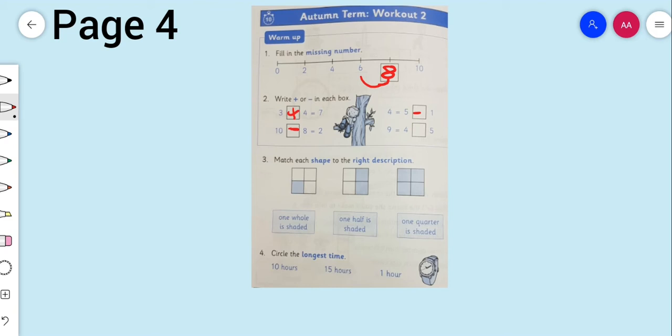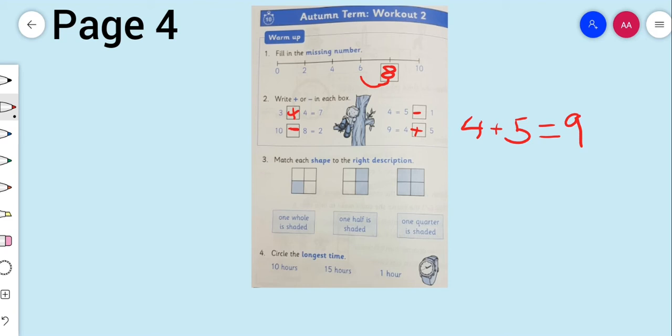So we'll try doing plus. So 4 plus 5 is equal to 9. So that's correct. So we're going to do plus here.